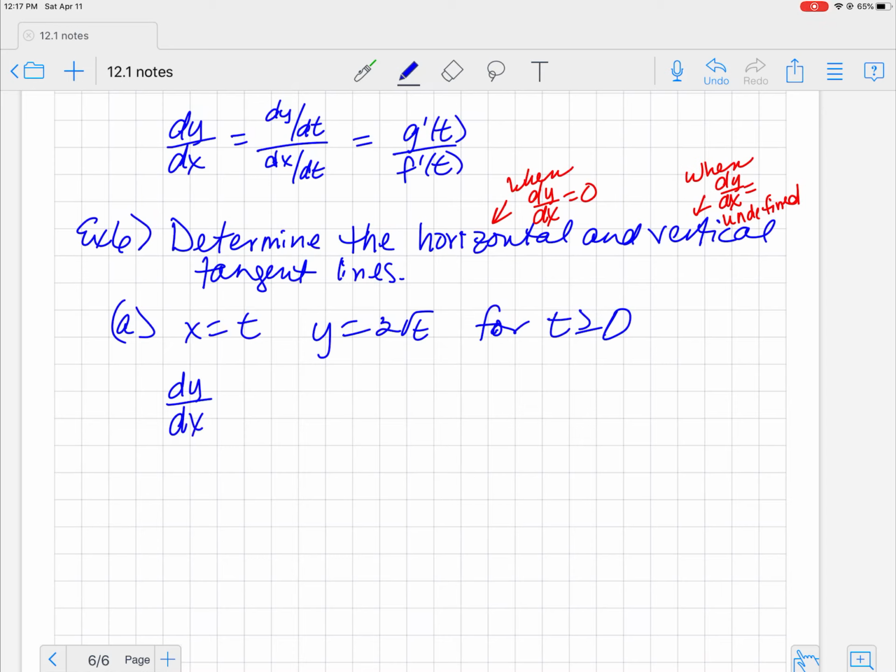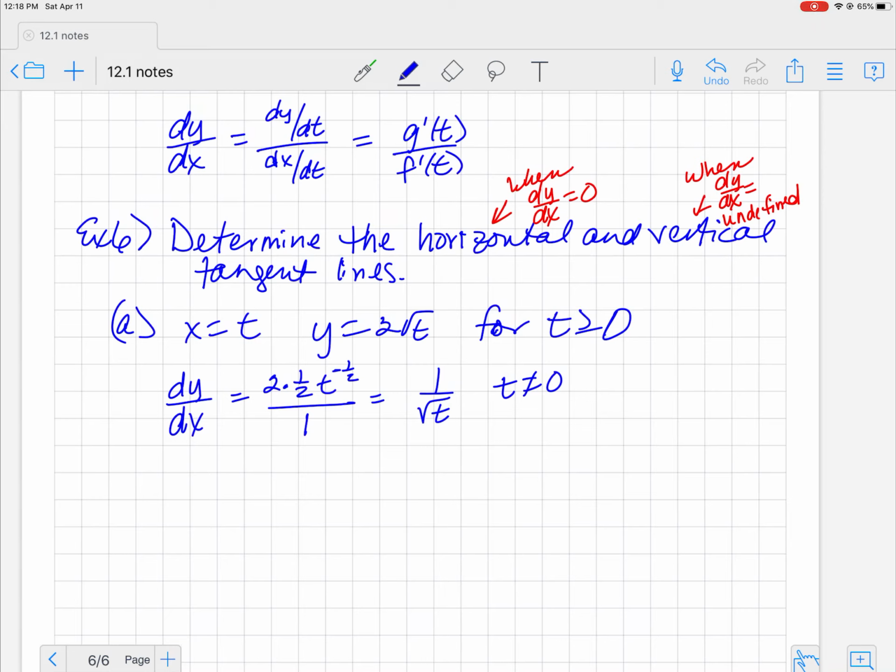So dy/dx here is going to be the derivative of my numerator. So I have 2 times this 1/2 t to the negative 1/2 over the derivative of t, which is 1. So what I really have is 1 over the square root of t. And t can obviously not equal 0 because it's in that denominator. So let's look at what's going on right here.